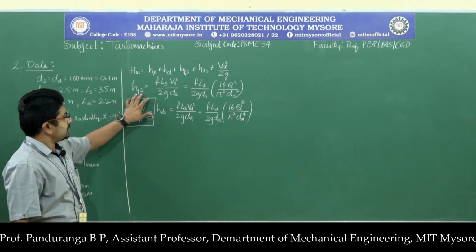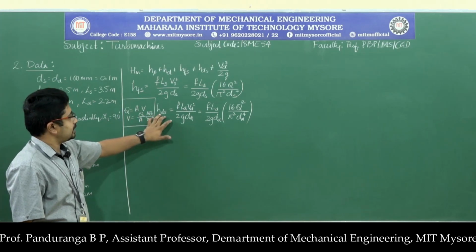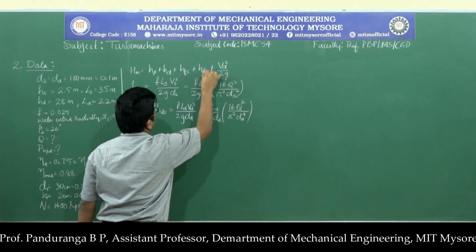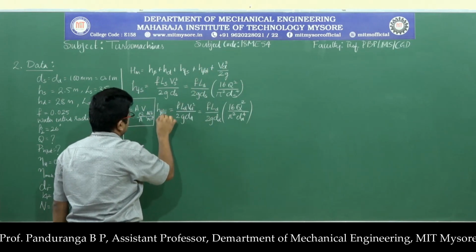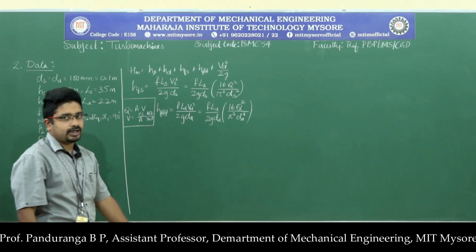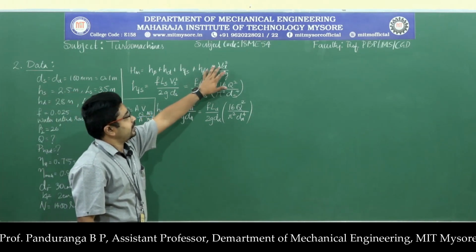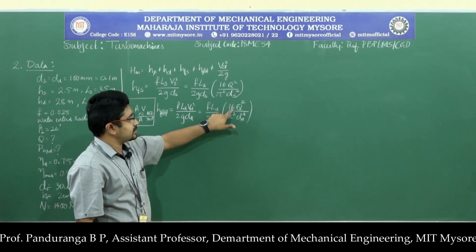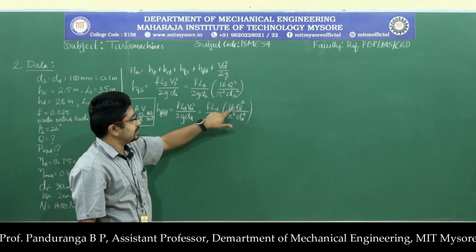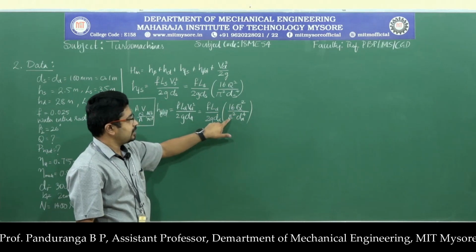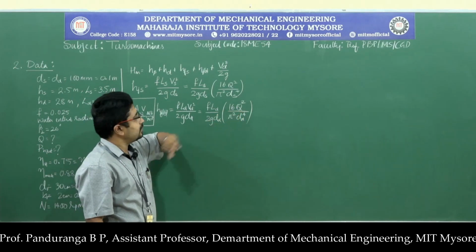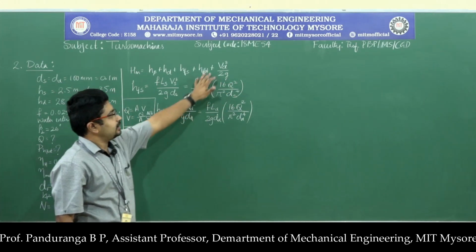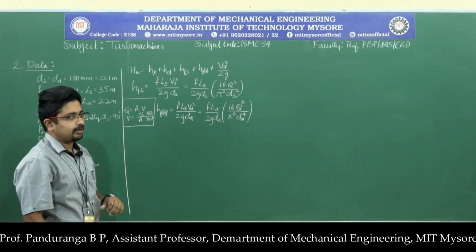That is the friction loss in the delivery pipe. Then we need Vd square. I will use the same concept here. Vd square is given by 16Q square divided by pi square into dd to the power of 4. I will divide this term by 2g to get the dynamic head at the delivery pipe.